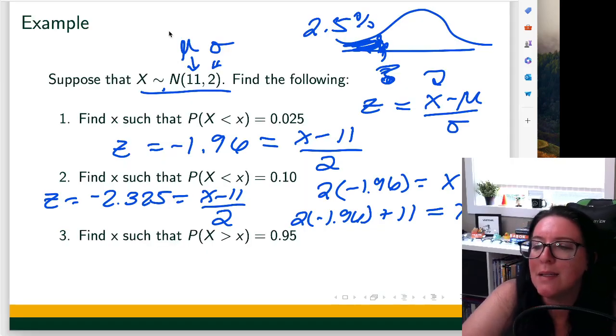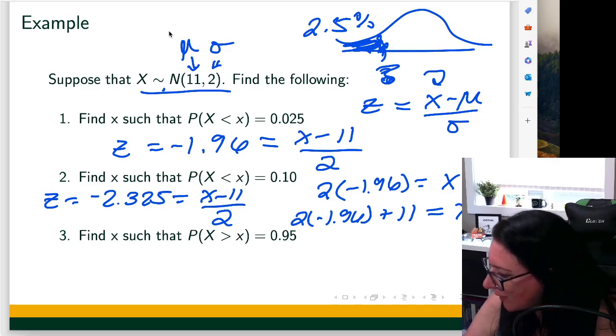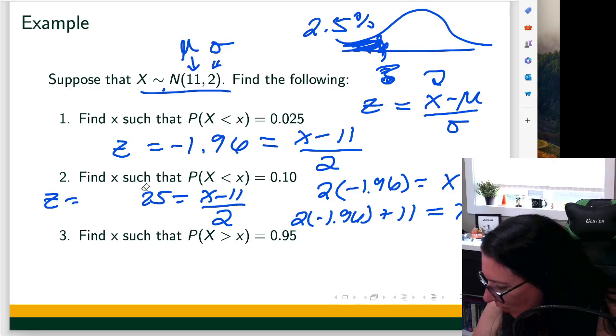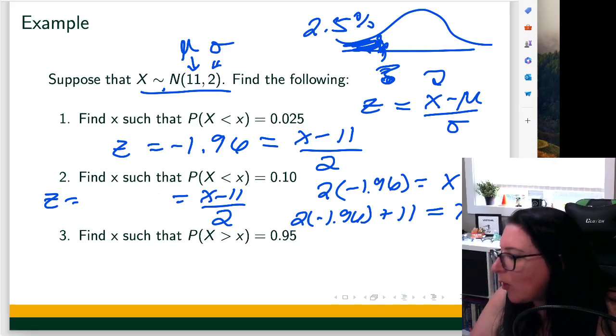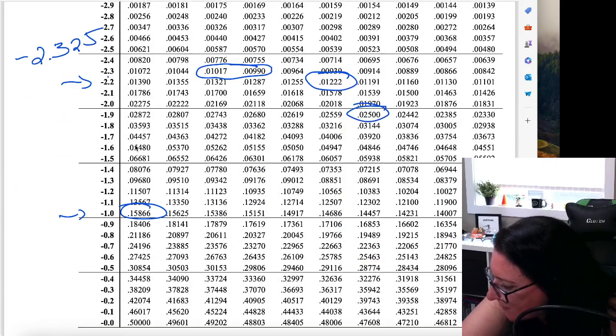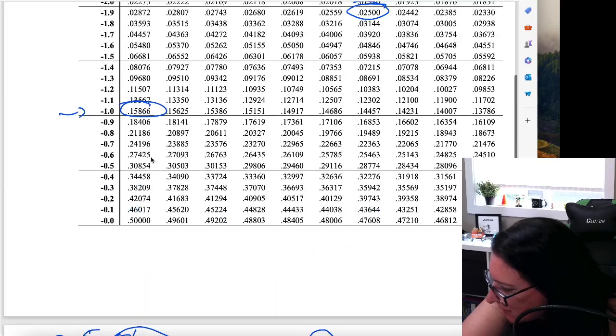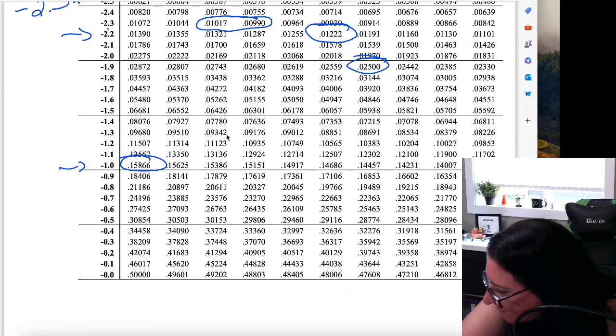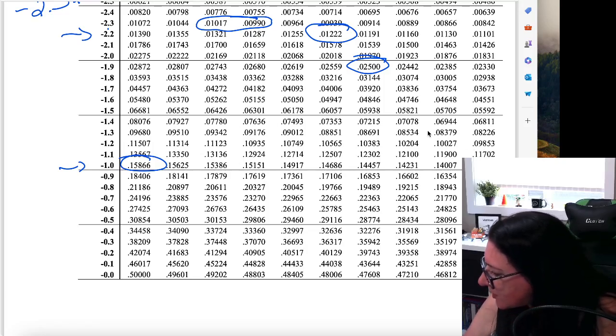Losing my mind. Okay, we don't want 0.01, we want 0.1, which means this one's the wrong number. We want 0.1. So, not 0.06, we want 0.1, so in between those two is 0.1.